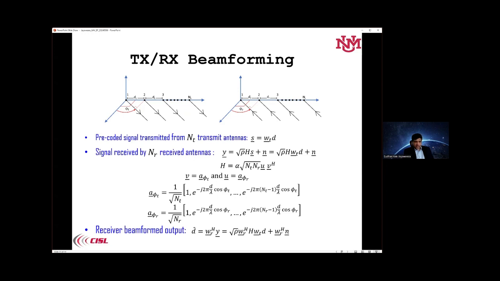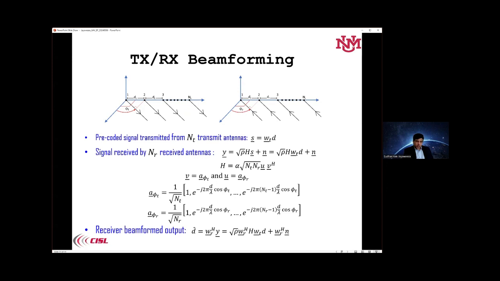If we assume the noise is normalized and the signal power D is normalized to have unit magnitude, it's square root of rho times H times the transmit signal S.